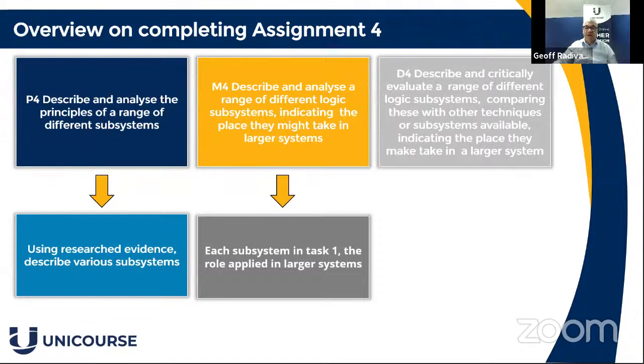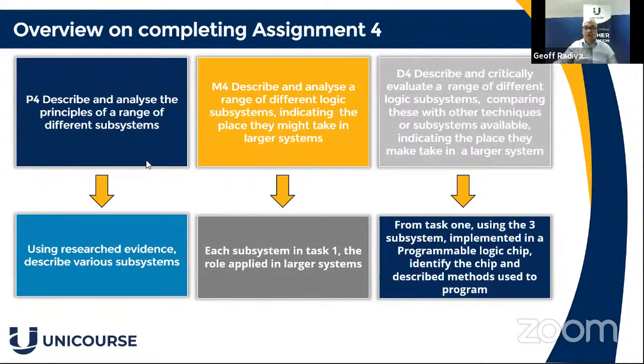And then for the D4, evaluate a range of different large subsystems with other techniques. Now, as we go through all this, we're going to be breaking it all down. And then as we move closer to the final part of this session, I'll give you an idea how it will all be put together.